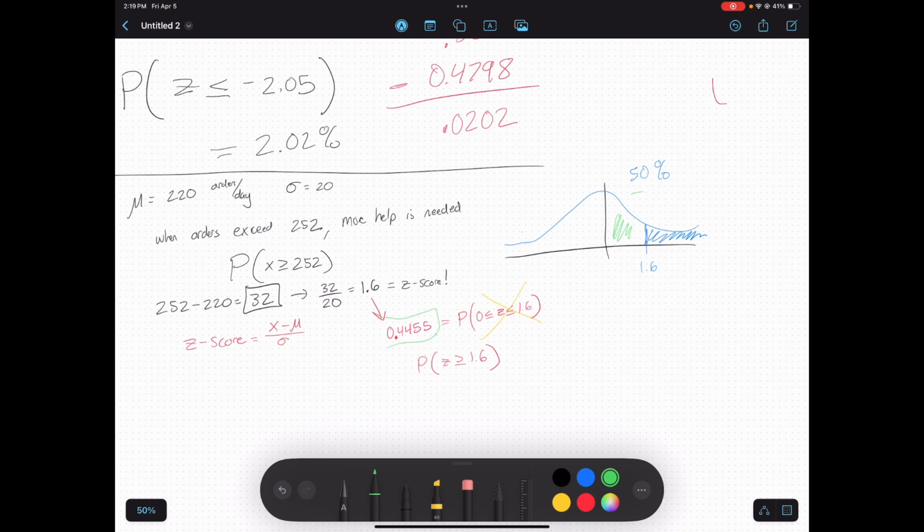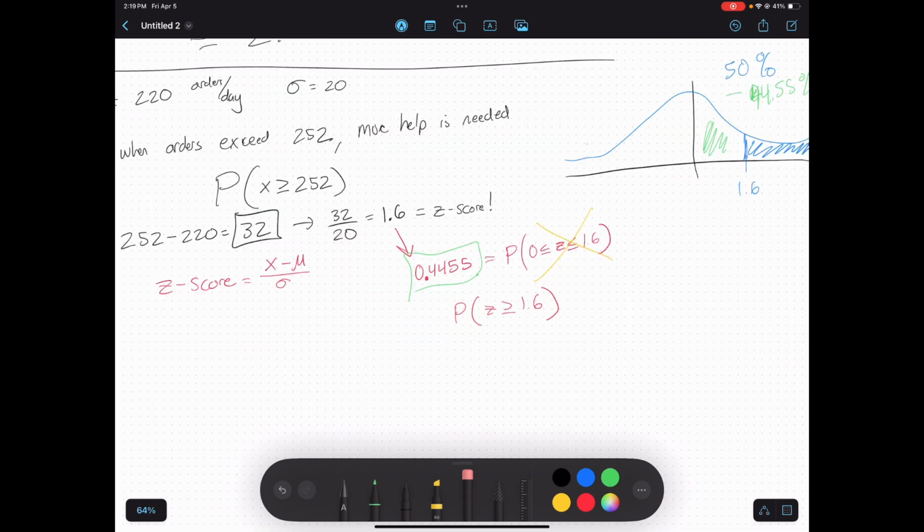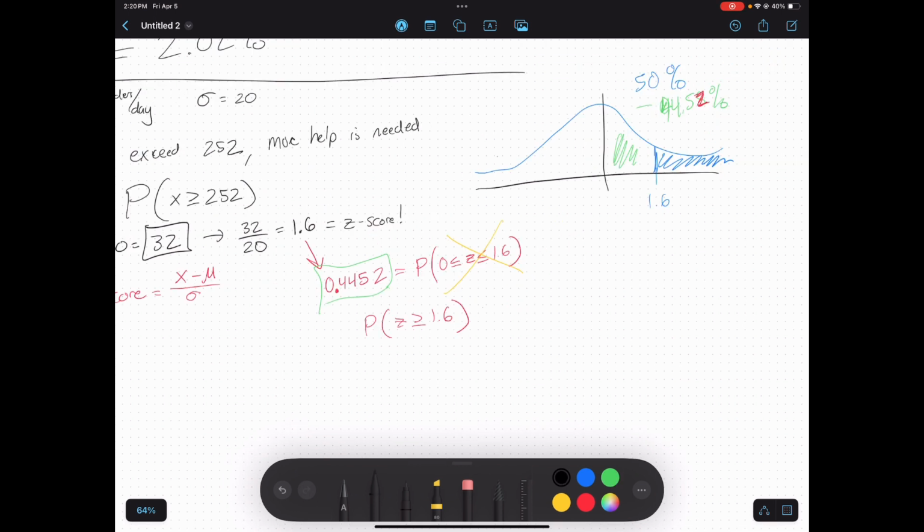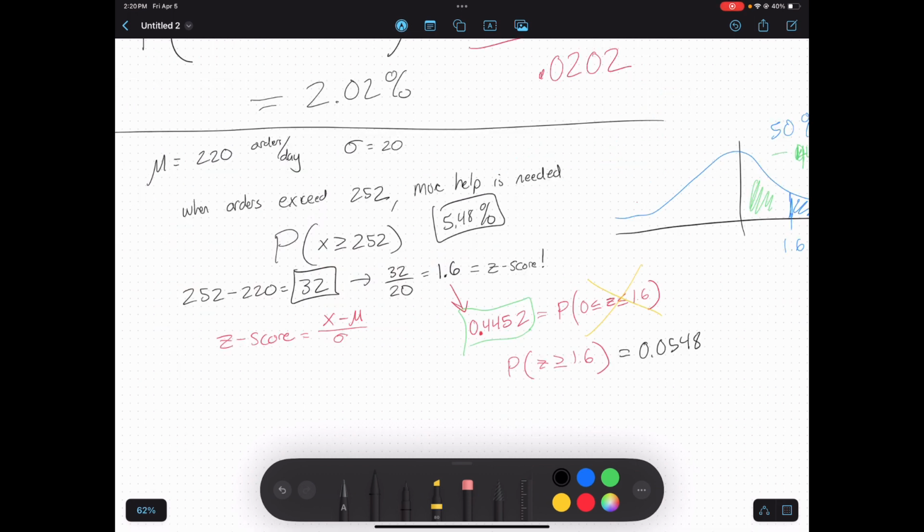That's what this value means. I'm going to subtract 44.52%. Sorry, typo, this should be a 2. What do I get when I subtract those two? I get 0.0548. 5.48% of the time, my orders exceed 252.